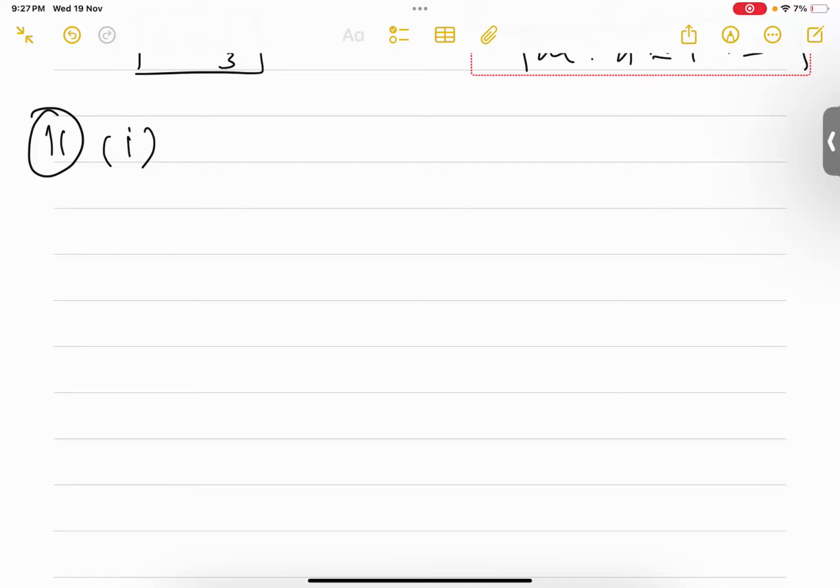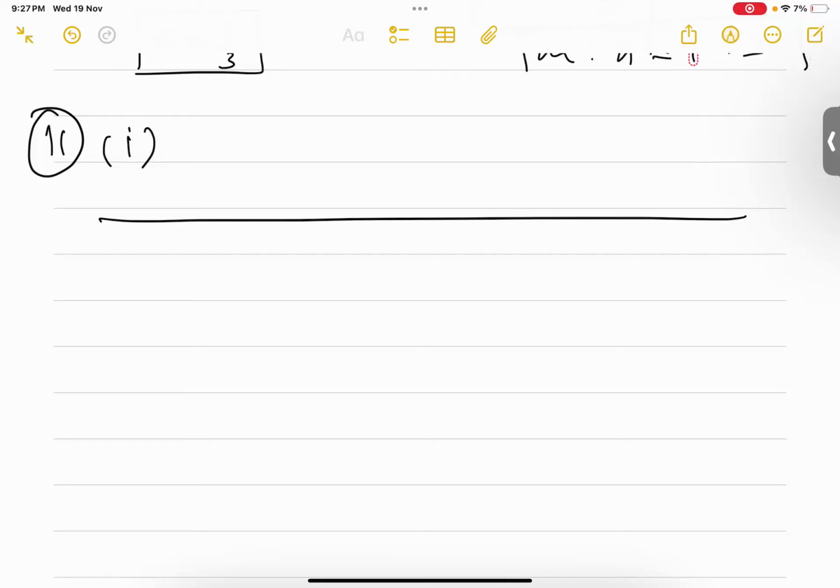Also find the coordinates of the point of division. Now there are 2 points: 3 comma 4 and minus 2 comma 1. So it is divided by the y-axis.